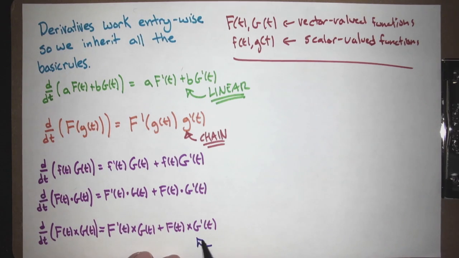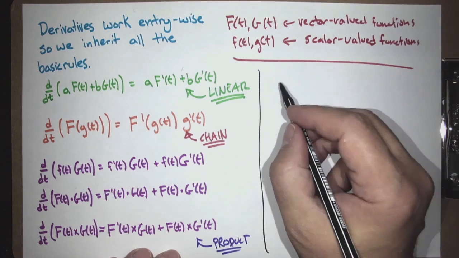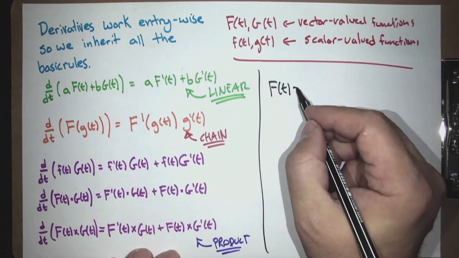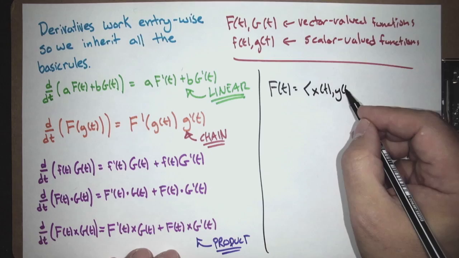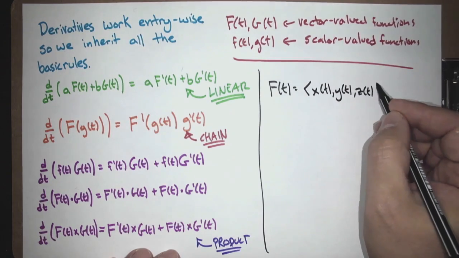Now, I won't go through and prove all of them, but how about we do the chain rule? That one doesn't take too long to prove, just to convince ourselves of how these arguments work. So let's let f of t be our vector valued function x of t, y of t, z of t.